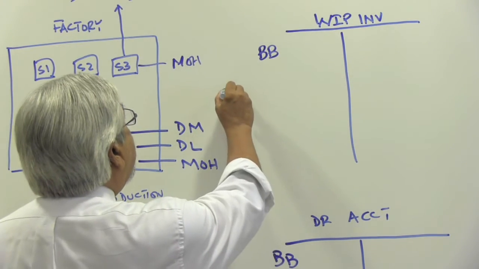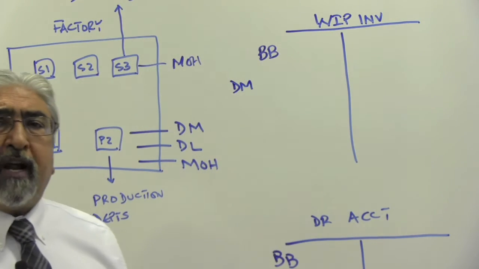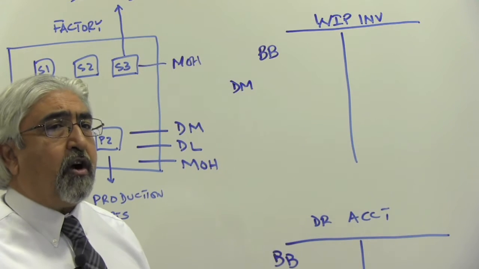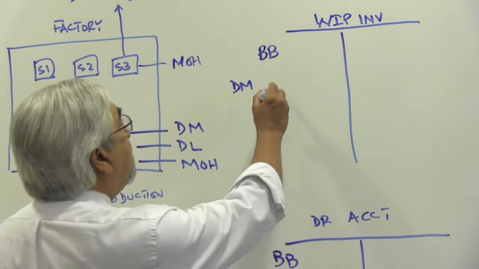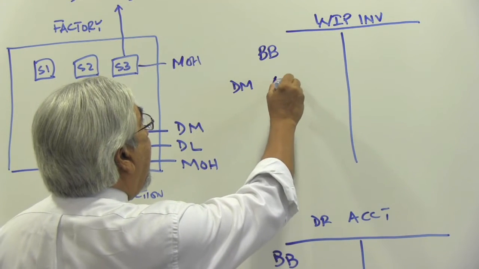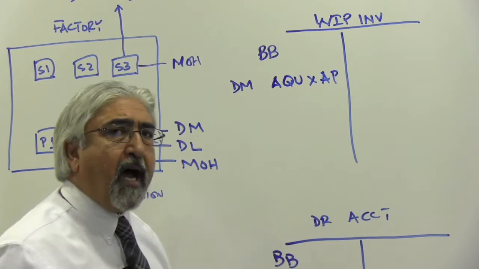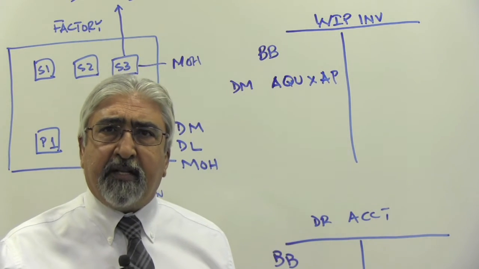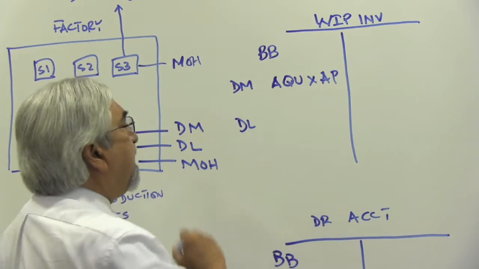Then during the period, we will debit the work in process account for direct material costs. Since this is actual costing, the amount that you will debit to work in process inventory is actual quantity used multiplied by the actual price per unit of direct materials. Again, you will debit something for direct labor.